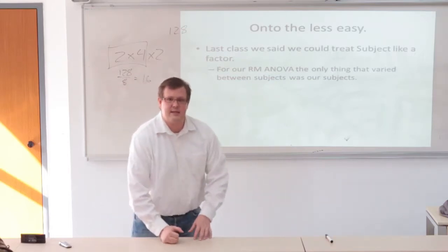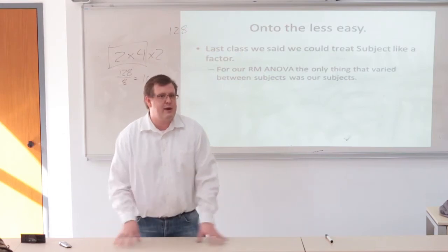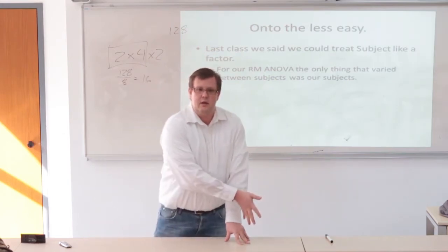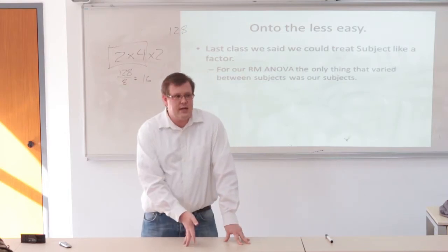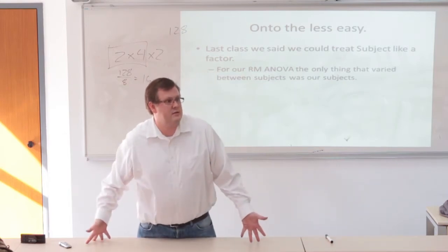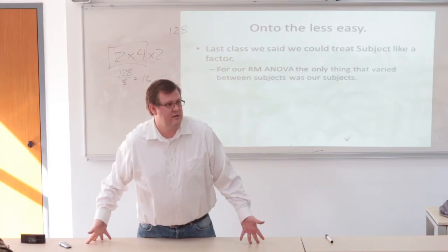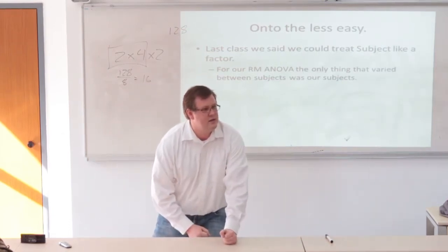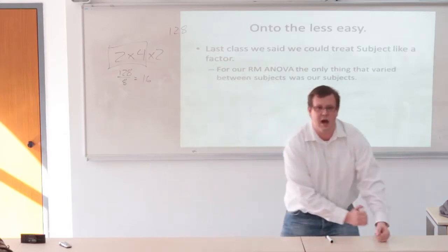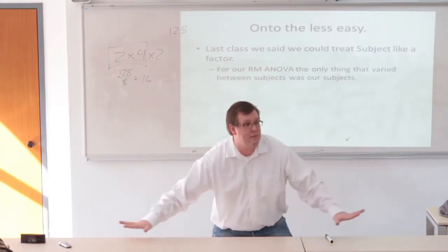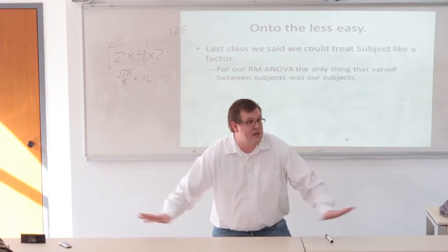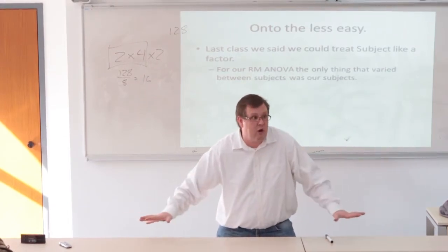So Q and list, it's not varying between subjects. It's varying within the subjects. The only thing that's varying between subjects are the subjects. I get all of those combinations. You also get all of those combinations. Did we get different combinations? No. So the combinations that we get don't vary across subjects.